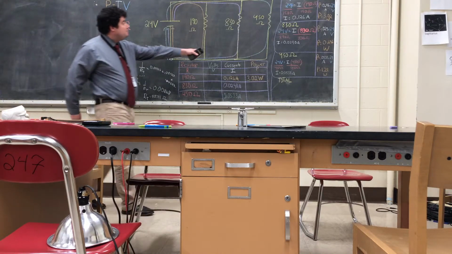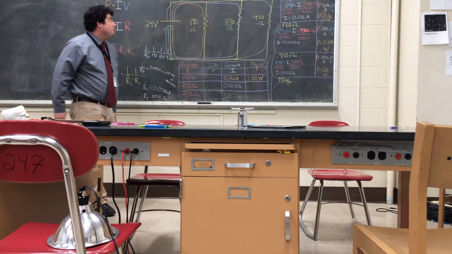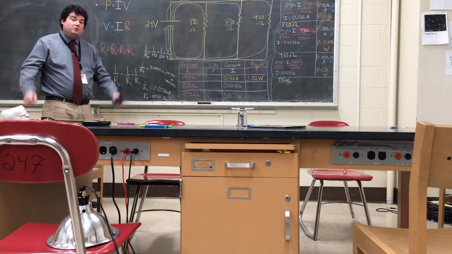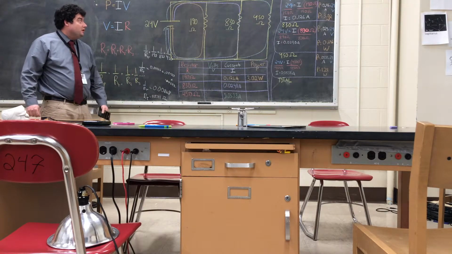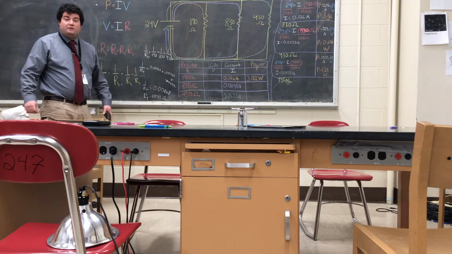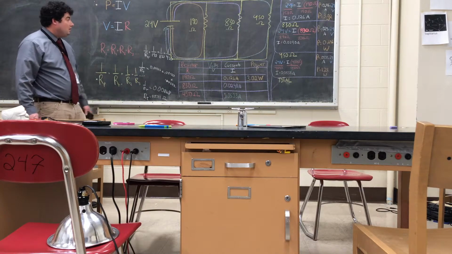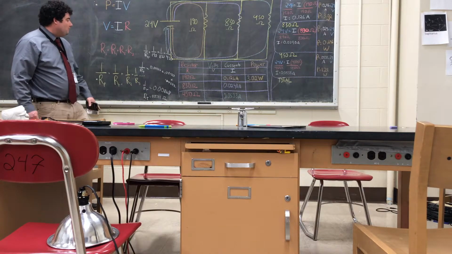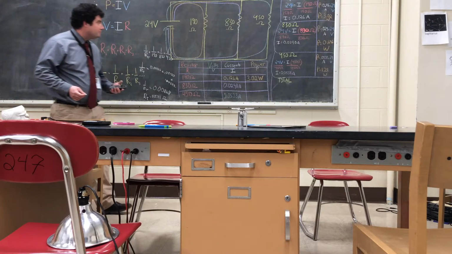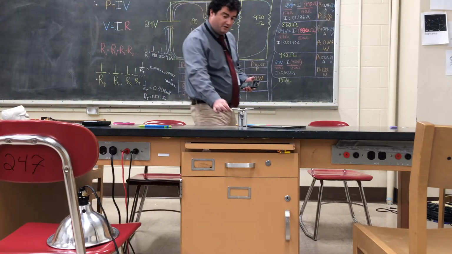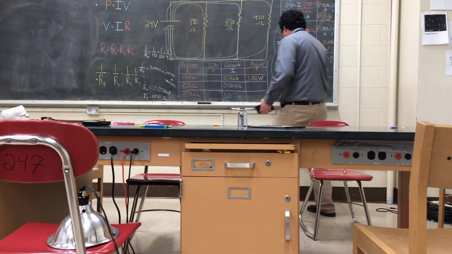Notice it's less than any of our actual resistors. That's because there's more than one road open for current to travel, so you open more highways, traffic flows faster. Let's just use Ohm's law to figure out what the total current should have been. The voltage in this case was 24.